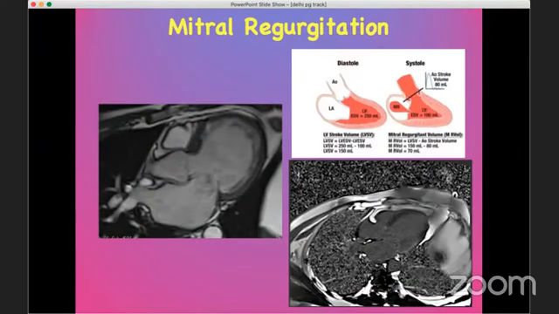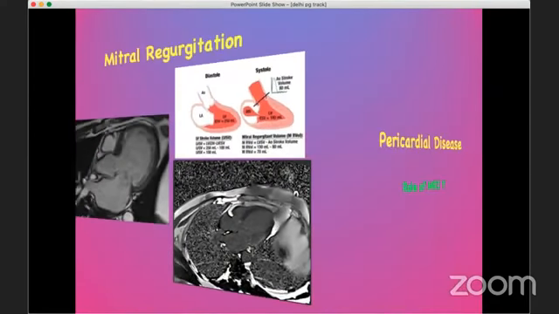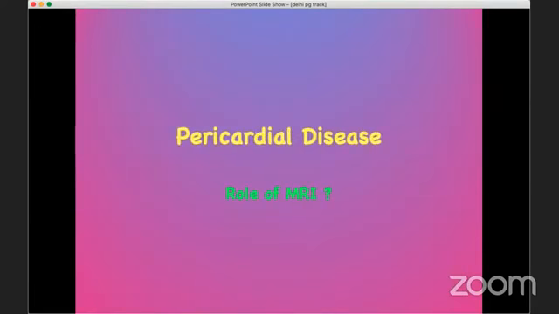And as you know, MR has no radiation, no windowing problems, and very minimal operator dependence. So it becomes a gold standard to watch these patients over time before you make the decision to do surgical mitral valve replacement.